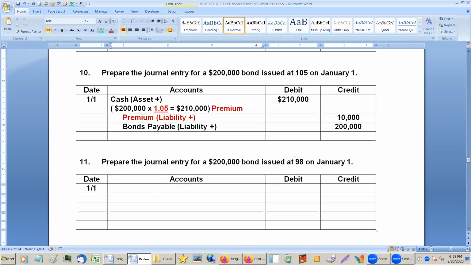So this one's sold at 98, so it's going to be a discount. Okay, so this one sold at 98. $200,000 times 98 is what? 196. Very easy calculator. This is a discount.